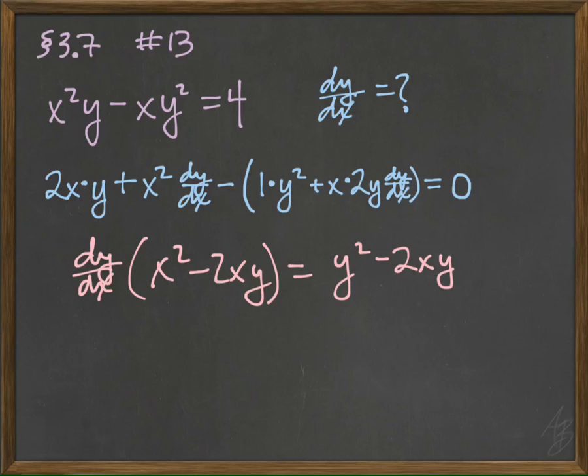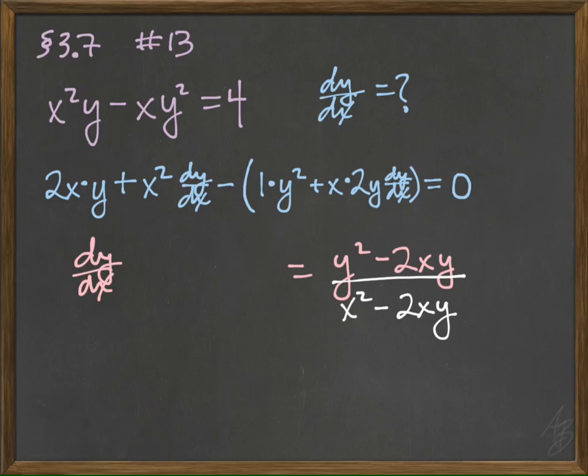Is that right? Then to find the derivative, what do we do? We'll divide by x squared minus 2xy. And we get that. So that's dy/dx, right? Let me clean this up a little bit here.